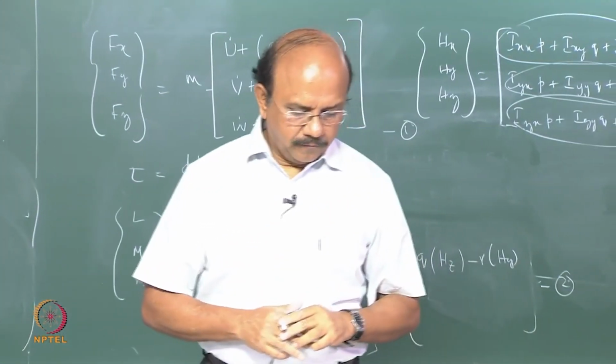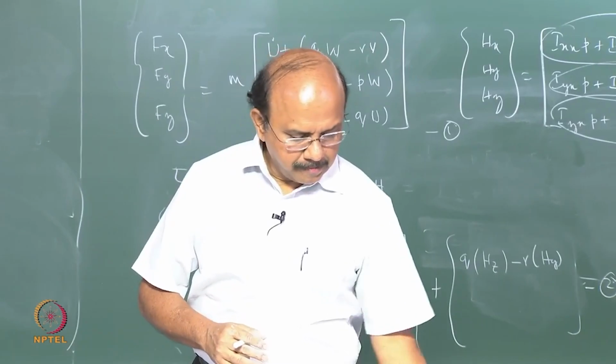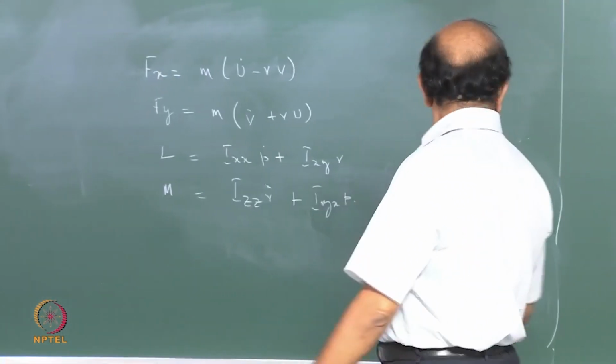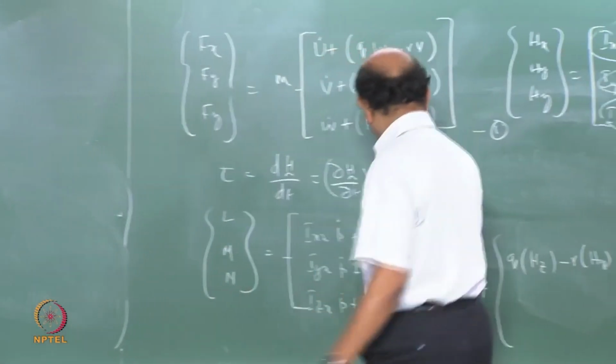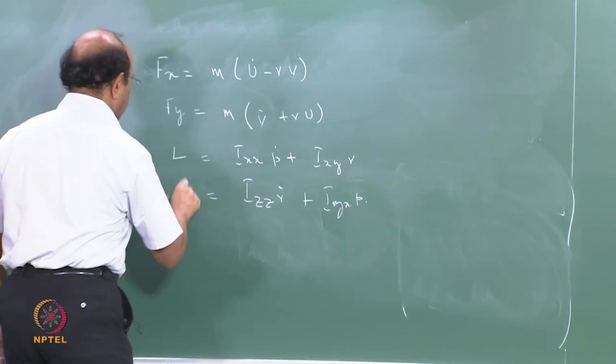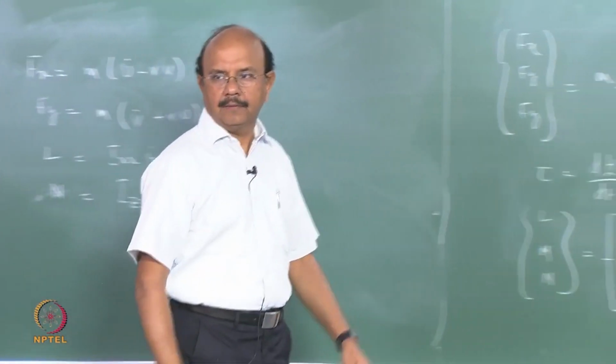Clear? Any questions? Yeah. M, how did you write Izx? For M, that's for M. Oh, sorry. N. L, N. Okay.